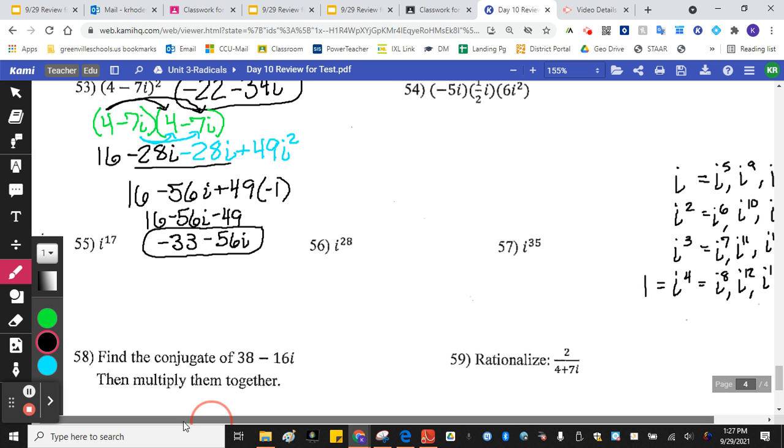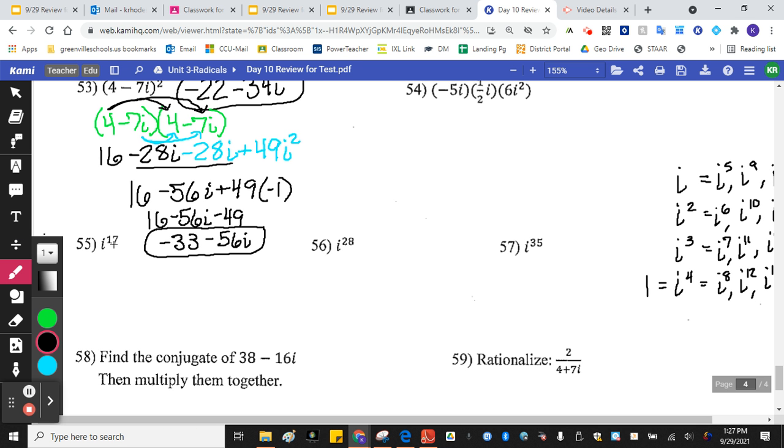So in 17, 4 goes into 17 4 times with 1 left over.